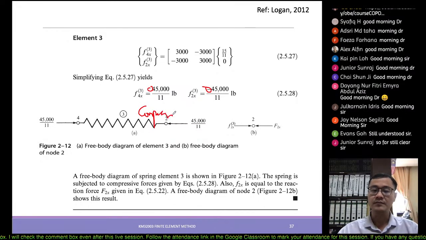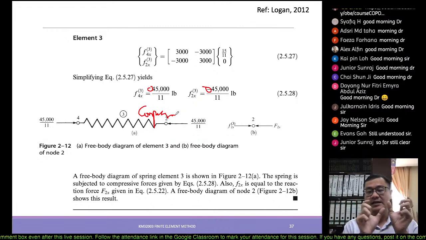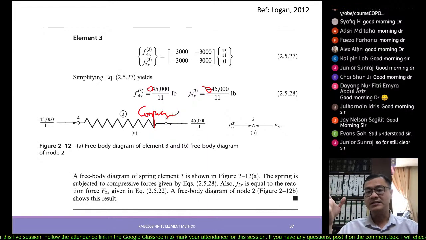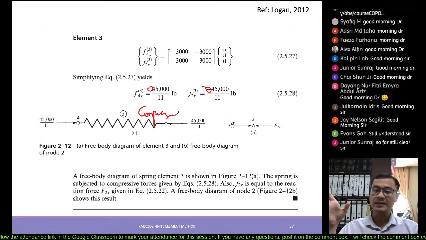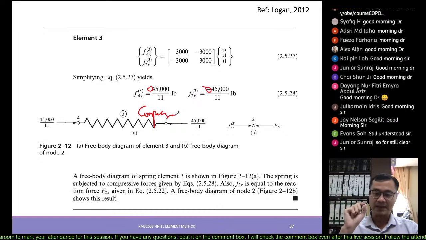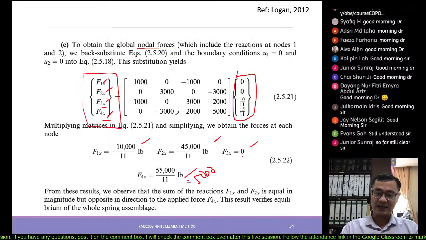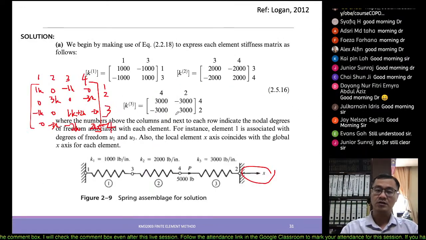So based on this analysis, even though we use a spring, we know what happens when force occurs in that particular situation, which elements are actually undergoing tension, compression, and so on. This one will undergo compression, and these two are under tension.